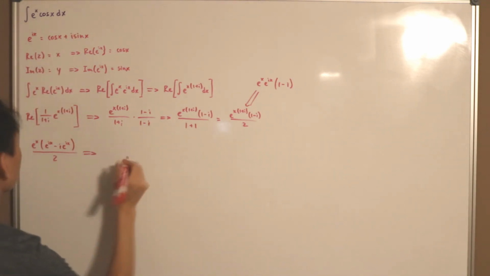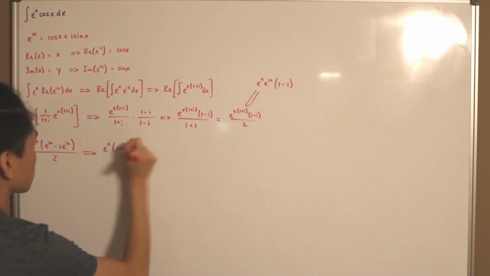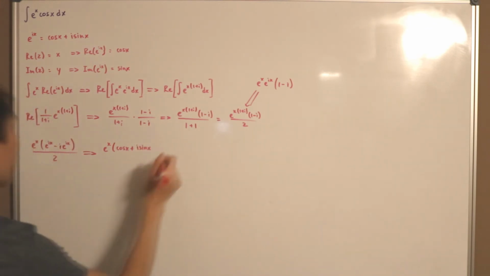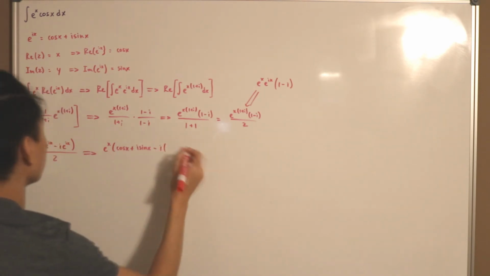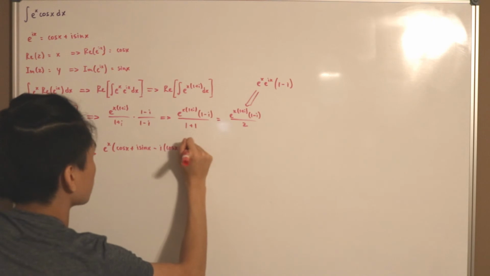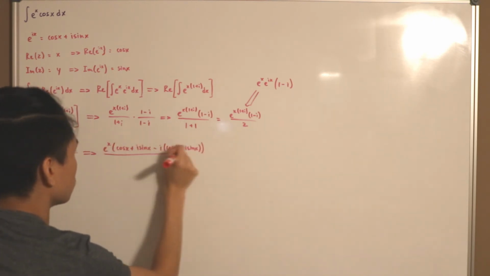So in other words, this is e to the x multiplied by (cosine of x plus i sine of x, then minus i times (cosine of x plus i sine of x)), and that's divided by 2.